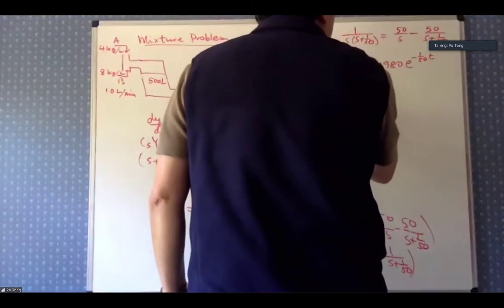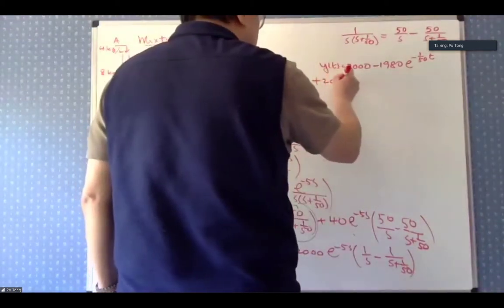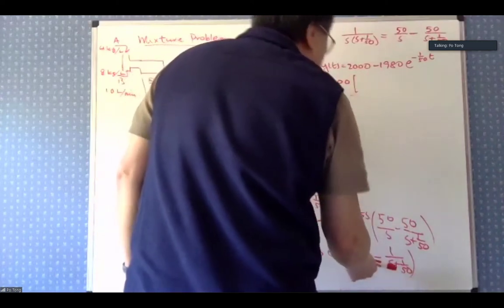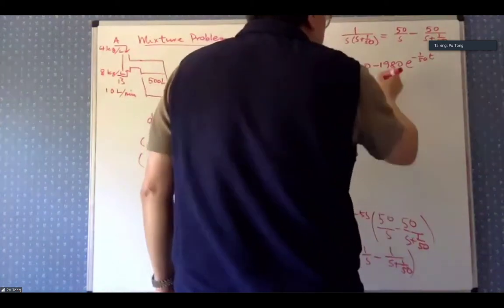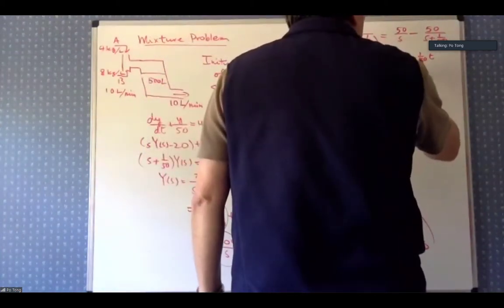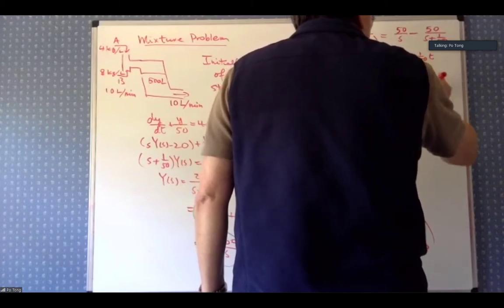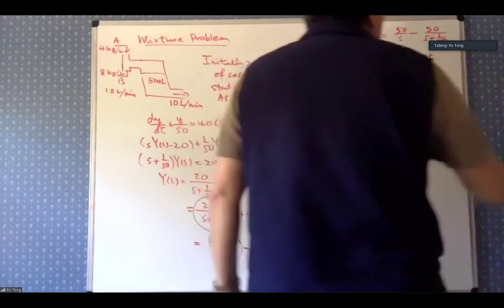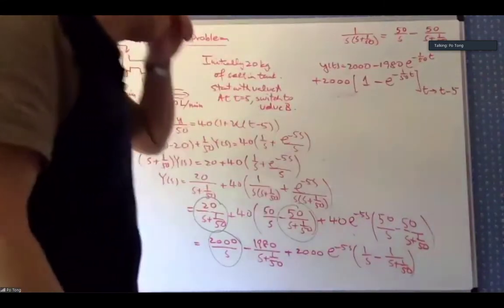Oh, this is the 2000 plus 2000. The 1 over s becomes 1. This guy becomes e to the power minus t over 50. But I need to shift the t to t minus a, which is 5, to t minus 5.